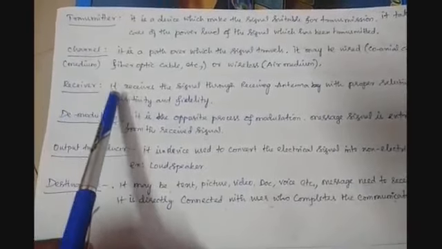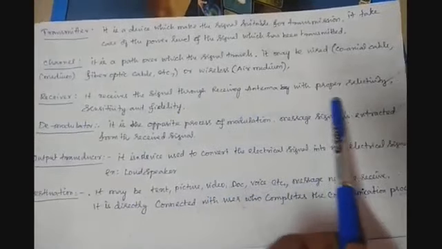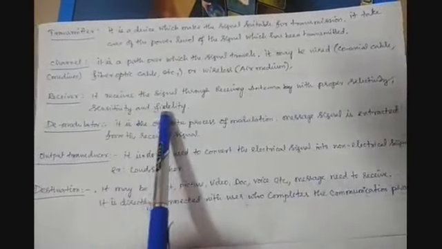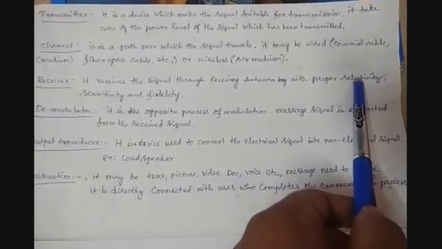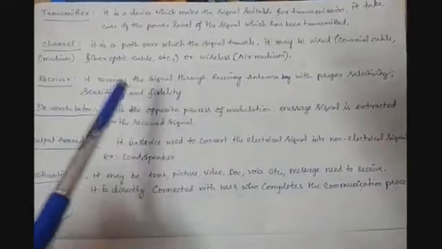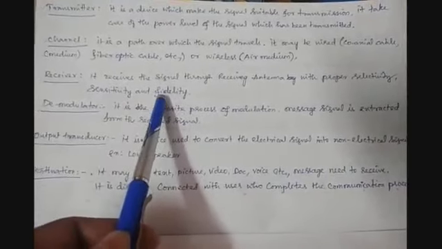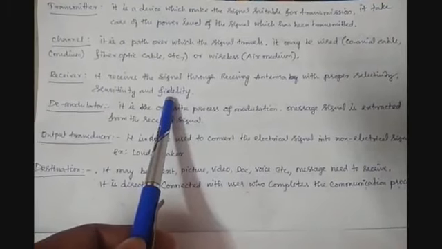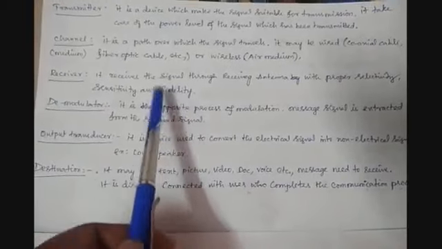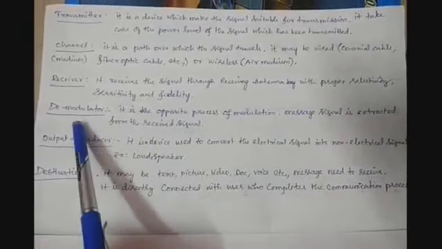Receiver. It receives the signal through the receiving antenna with proper selectivity, sensitivity, fidelity. Selectivity means which signal, with which frequency, we have to select. Sensitivity means how to receive without noise. Fidelity means how the receiver has to receive the signal with high gain.